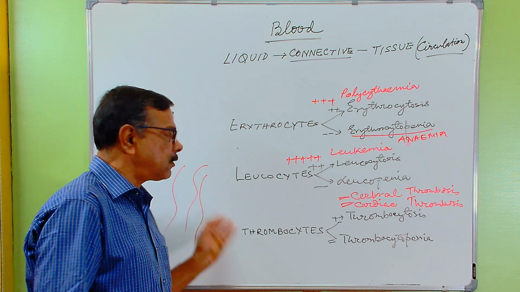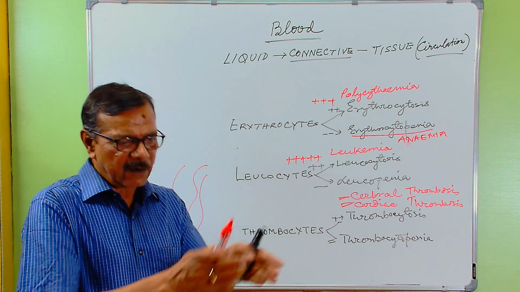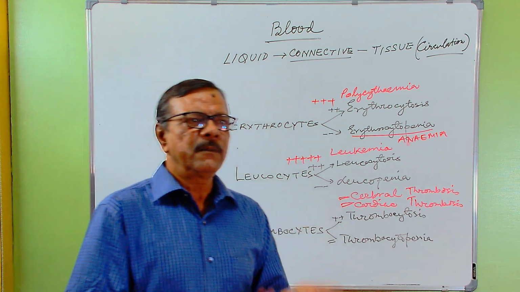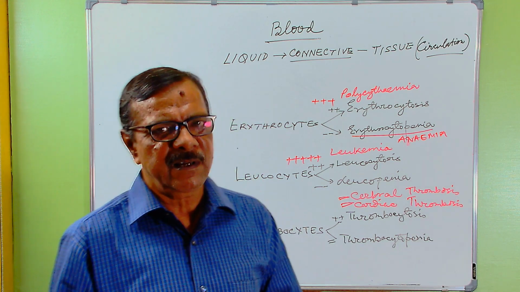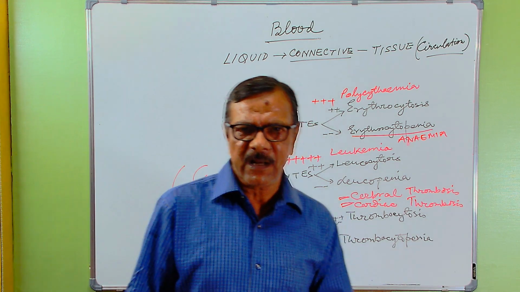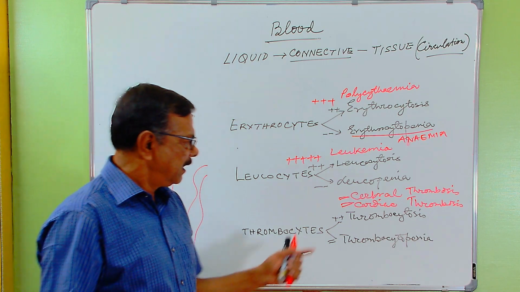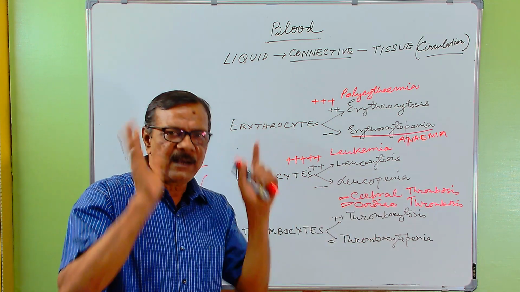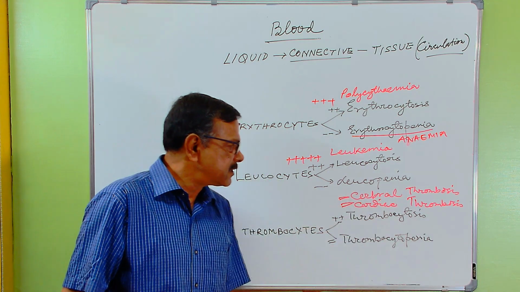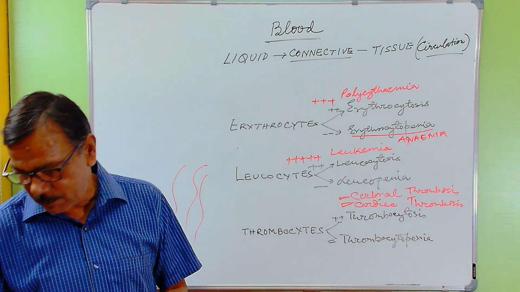It creates a thrombus, that is, the blood cannot pass on. So the heart remains devoid of nutrients or oxygen, the cell dies, and in case of cerebral, the cell dies. So there are two terms, cerebral thrombosis and cardiac thrombosis.